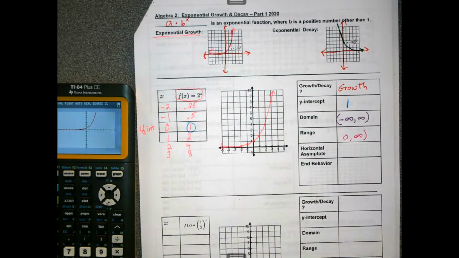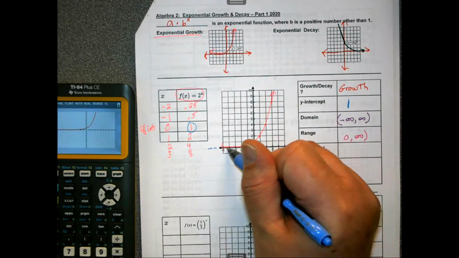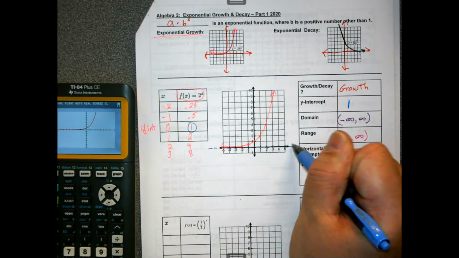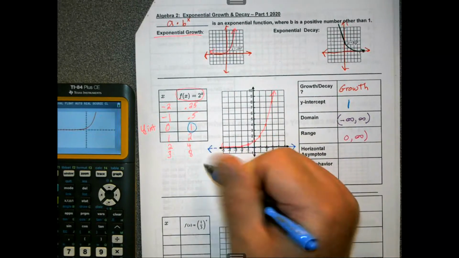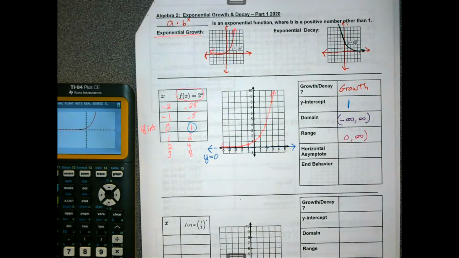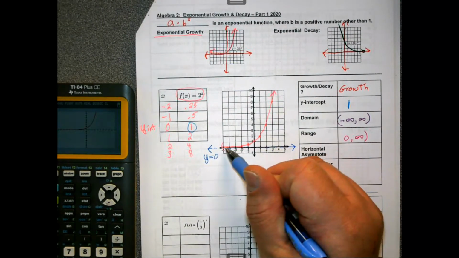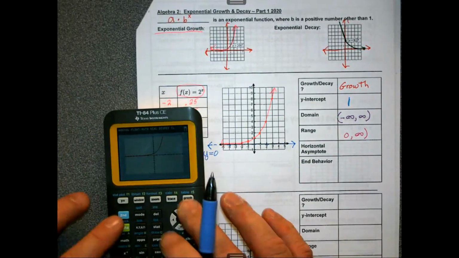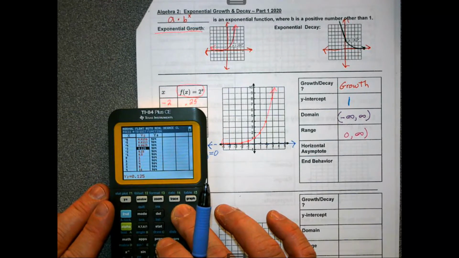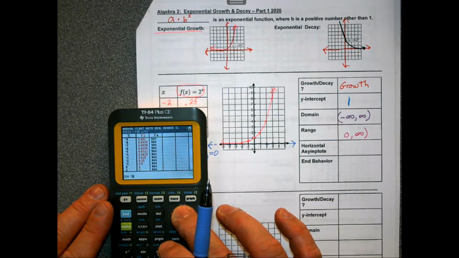Remember, it's trying to, and let's talk about this for a minute. It's trying to cross this line, right? The x-axis. What's the equation for the x-axis? Y equals 0, right? Horizontal line at 0. It's trying to get to that 0, and I can even see it on my calculator on my table. See how my y is trying to get to 0? It's getting smaller and smaller and smaller, but it never ever reaches.